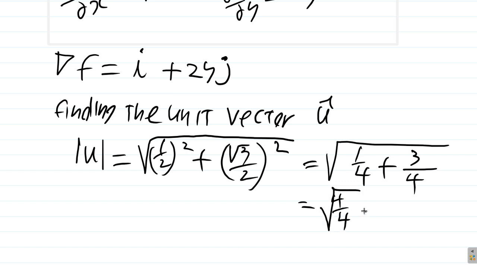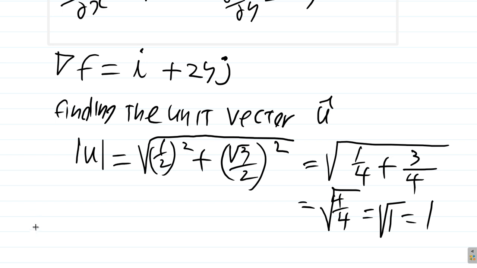The square root of 1 is 1. That makes our work easier. So the magnitude is 1, and the unit vector is the vector itself, because if you divide anything by 1, you get back the same thing.